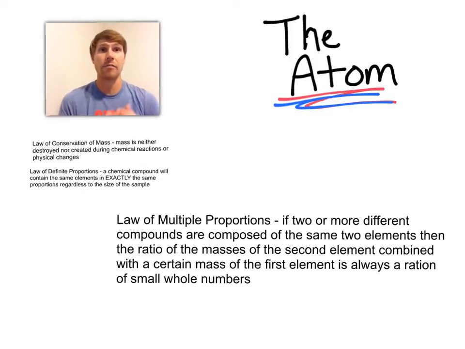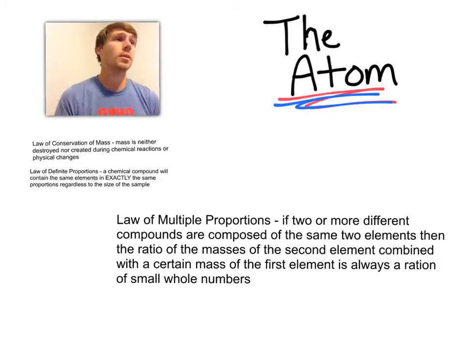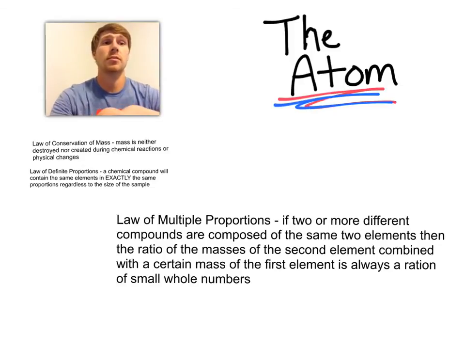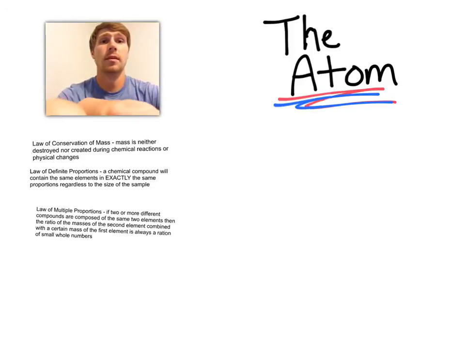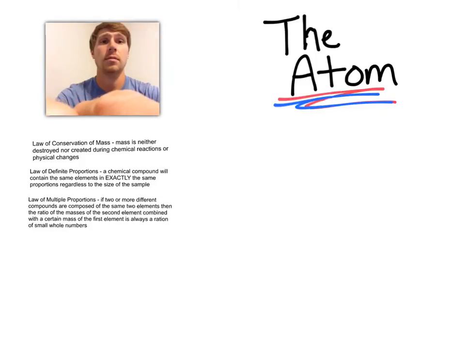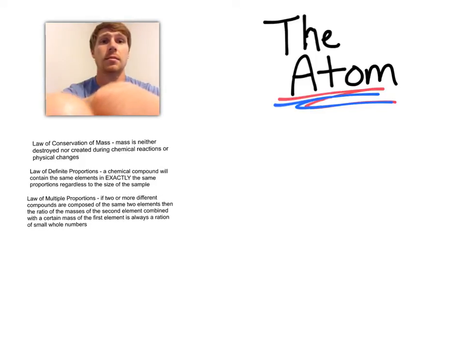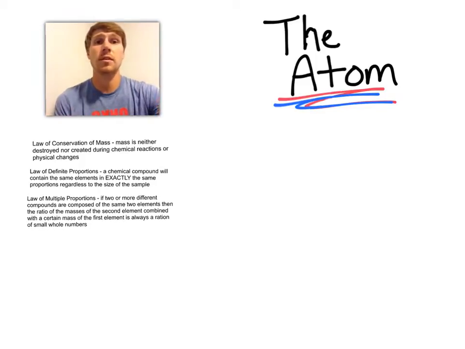You're not going to have half of a hydrogen, or half of an oxygen. And I'll explain this one a little bit more in just a little bit, but it's just this idea that we have the same two elements that are always going to have a small whole number ratio to each other. All right? Okay. So I know that's a lot, and that's where we started with all of these things.